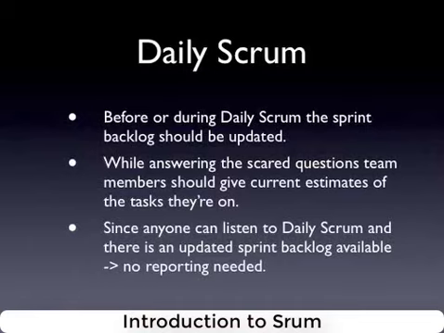And that provides a very quick visual feedback for anyone who might not even be interested in attending the daily Scrum or might not be able to attend the daily Scrum, to see how the team is progressing and how the project is doing day after day.